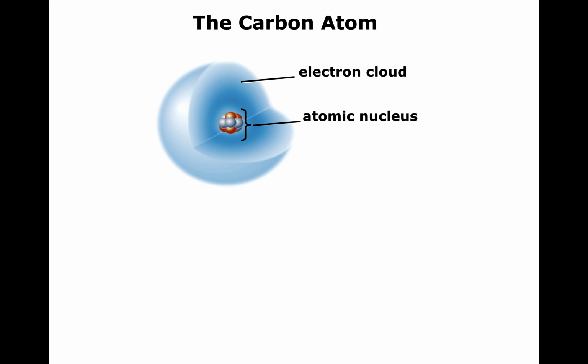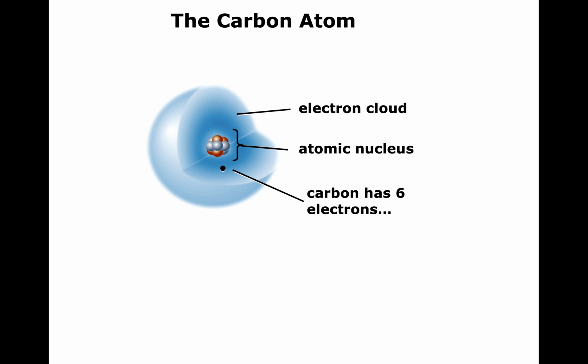I'm showing you an example using the carbon atom because we just talked about why coal is not a mineral and graphite is. And if we put this graphite under ultra high pressures, then we form diamond from this graphite, yeah? So the carbon atom has this electron cloud, the atomic nucleus, and carbon has 6 electrons, yeah?